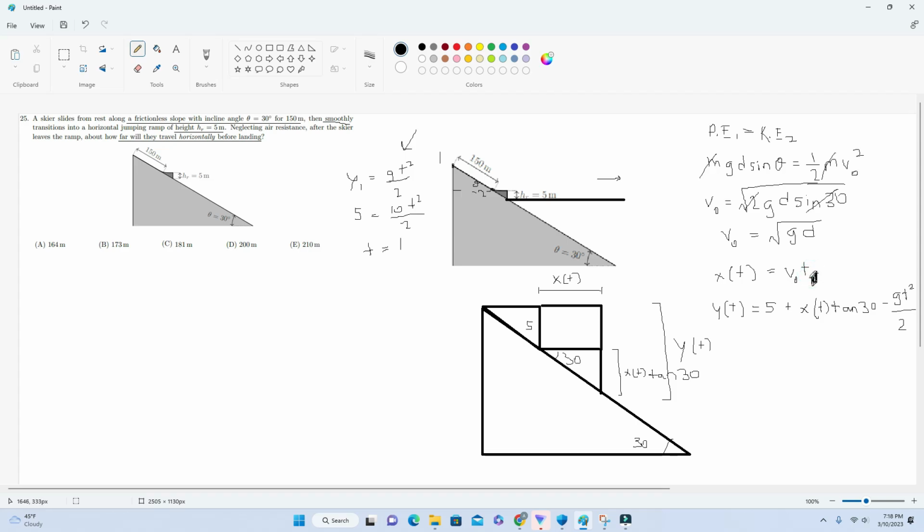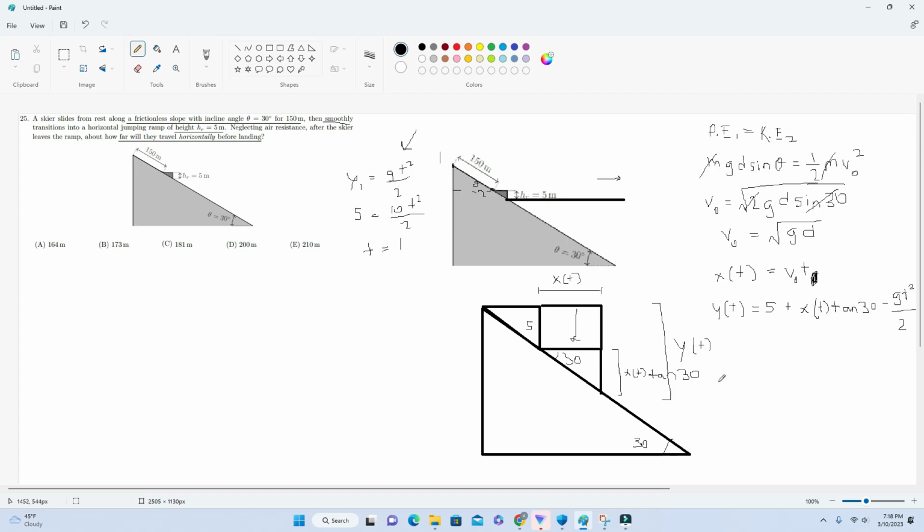If we want to just do a general function for horizontal distance, it'll just be v initial times t, and his vertical displacement can be represented as y of t equals 5 from the initial set distance of the ramp plus x of t tan 30. That's just the extra height gained from moving a set distance, minus g t squared by 2. That's just the displacement from his falling.